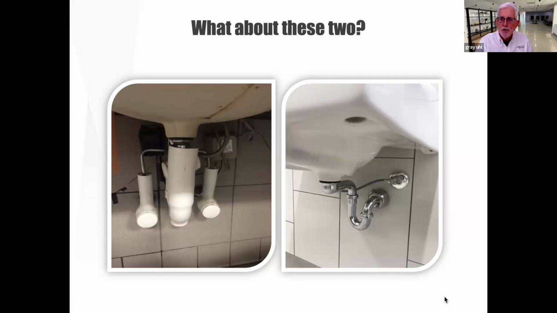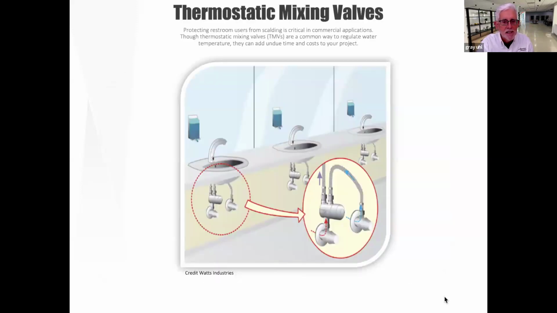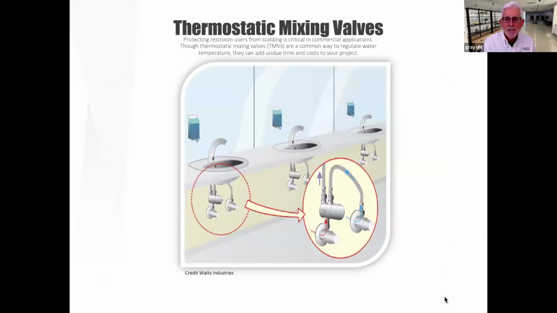And that's one of the trends that's happening in our marketplace today that I want to talk about: this whole notion of simpler to install, simpler to maintain. So we'll get into the details of the ASSE 1070 code and certification, but basically the way we prevent scalding today is some sort of thermostatic mixing valve, a mixing valve of some kind, to deliver water to the user that cannot scald them.